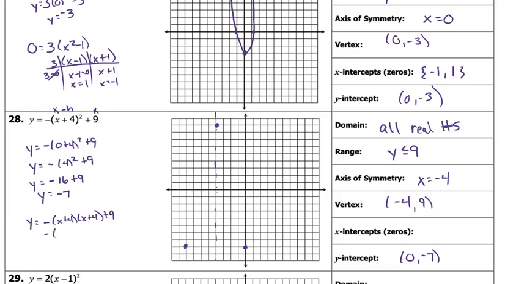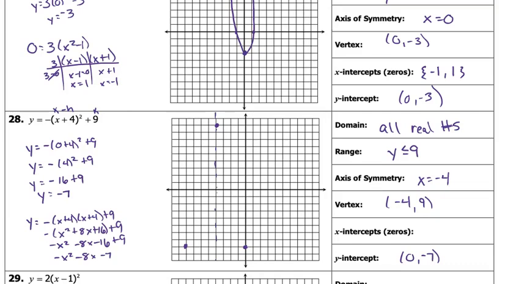So I want the negative of x squared plus 8x plus 16, plus 9. The negative comes through, and then we would have negative x squared minus 8x minus 16 plus 9. And we could combine again, which would give us negative x squared minus 8x minus 7.